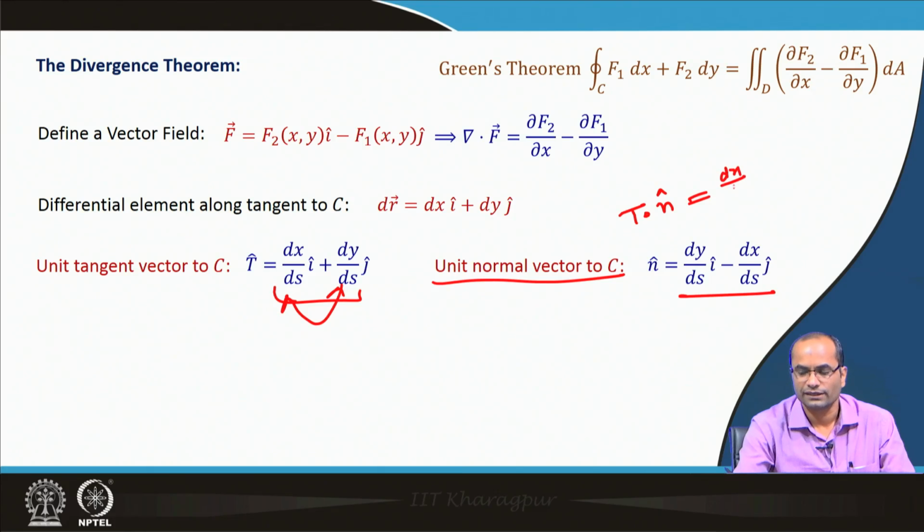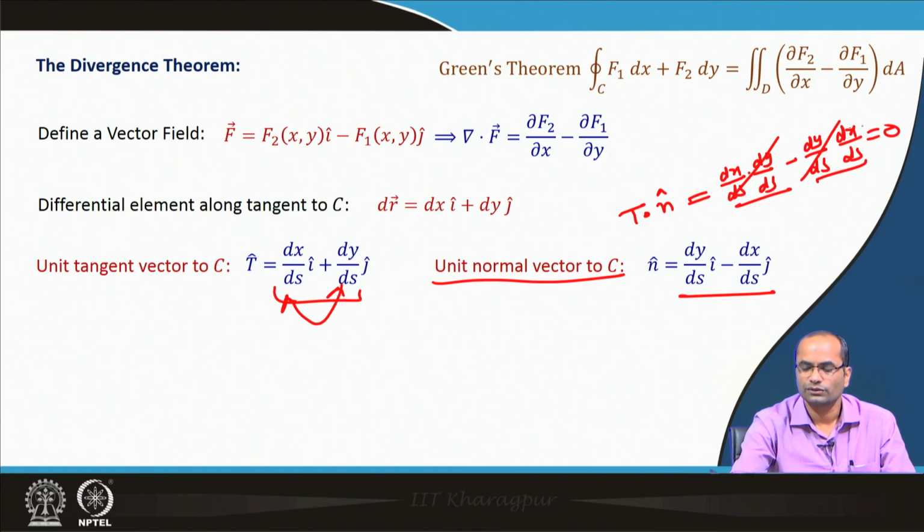We have dx over ds from there and dy over ds from n, and then the minus sign, so dy over ds and dx over ds. This gets cancelled because they both are the same, so we get 0. So the two are perpendicular. This is tangent and this is normal, and its magnitude is also 1.